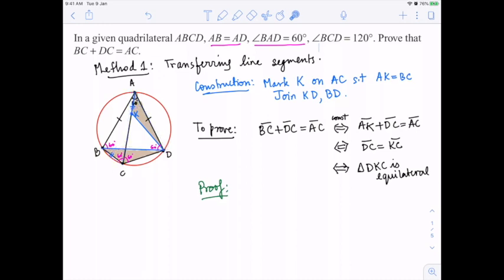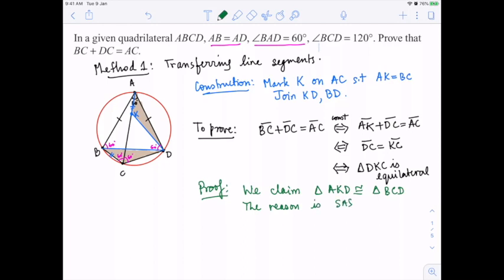So we claim triangle AKD is congruent to triangle BCD. Okay. Now how do you prove that? The reason is SAS congruency. Okay, let me write down.